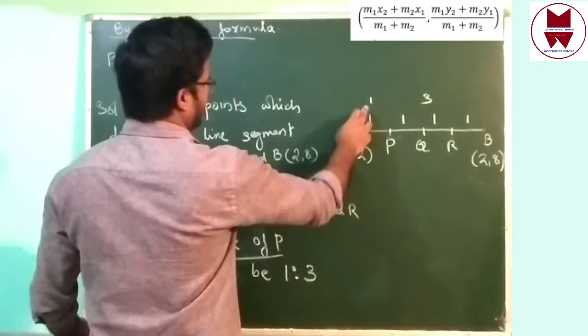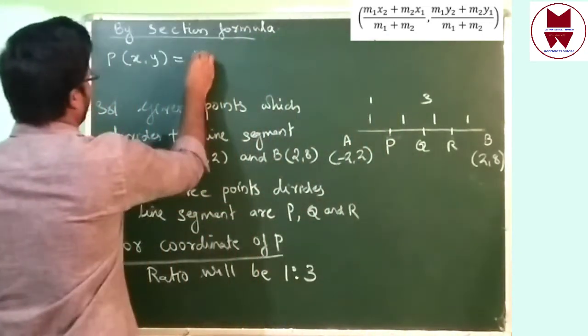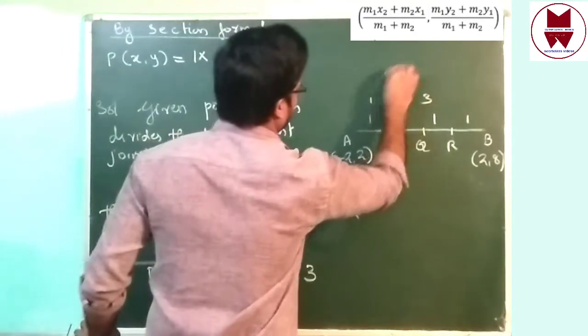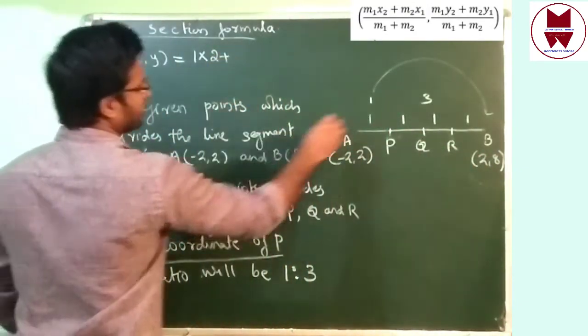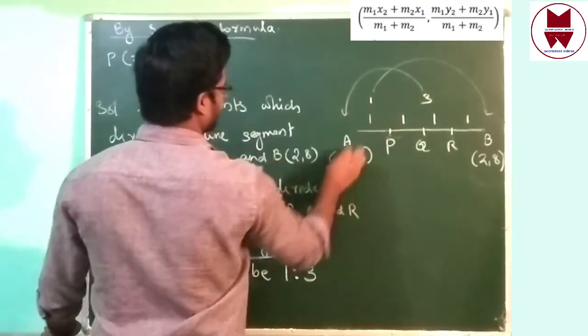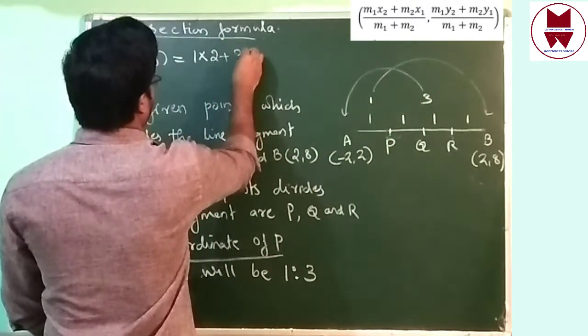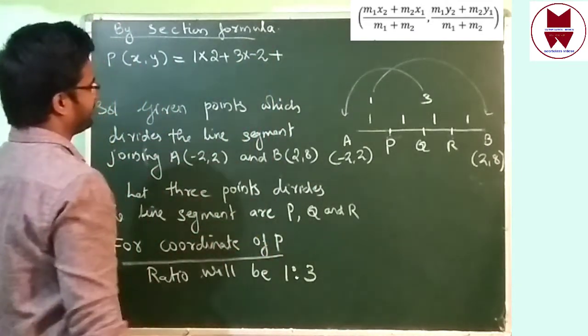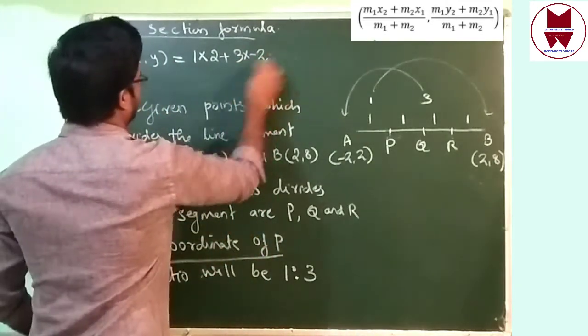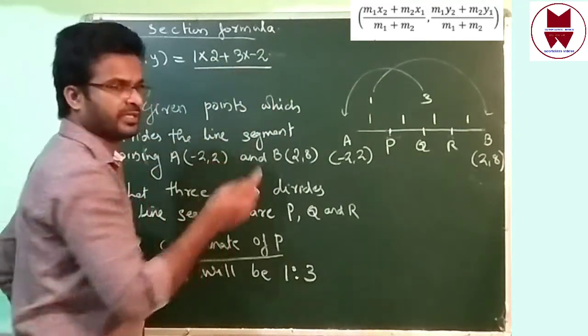Then M1 is 1. 1 into, just opposite from here to here. 1 into 2 plus 3 into minus 2. 3 into minus 2. Directly we can write plus, divided by M1 plus M2.